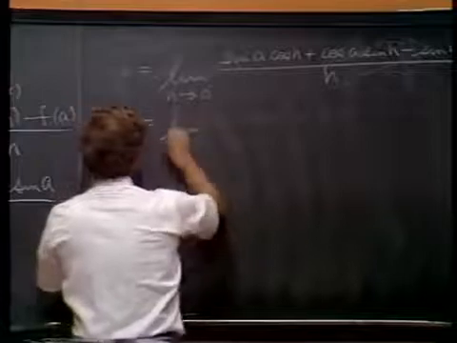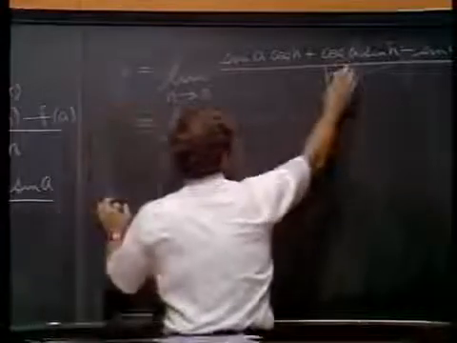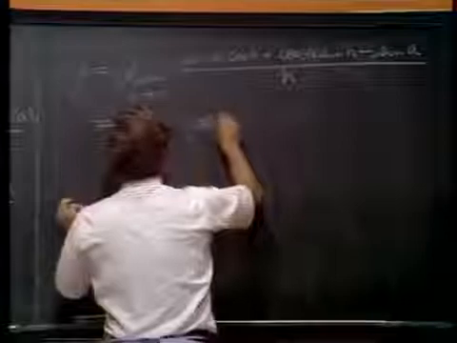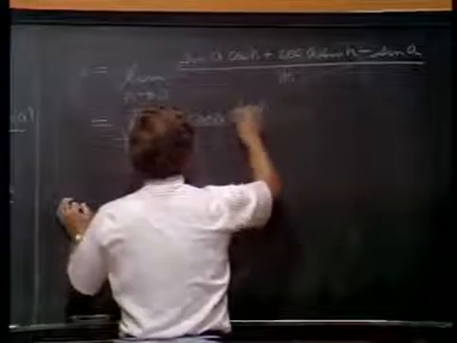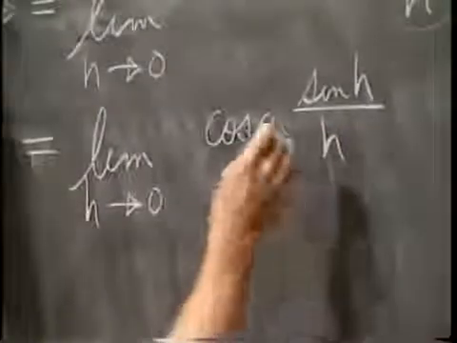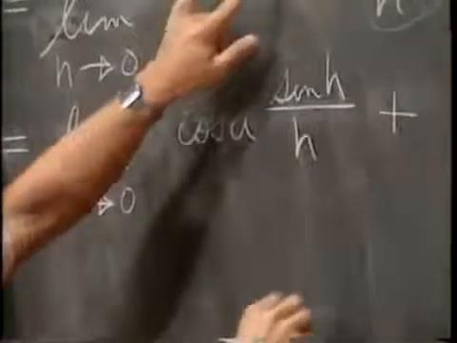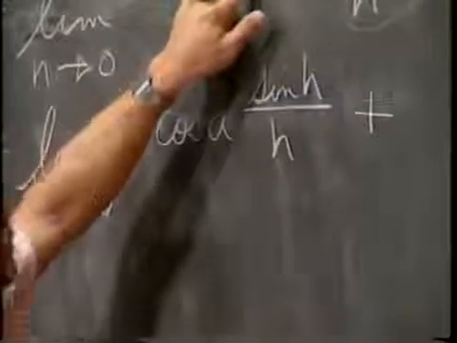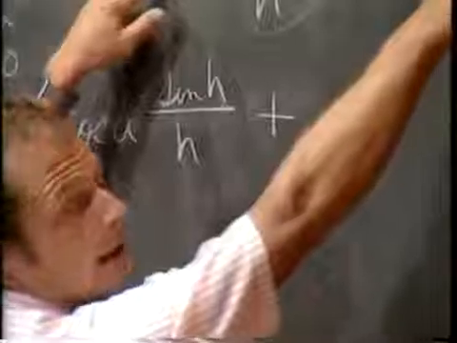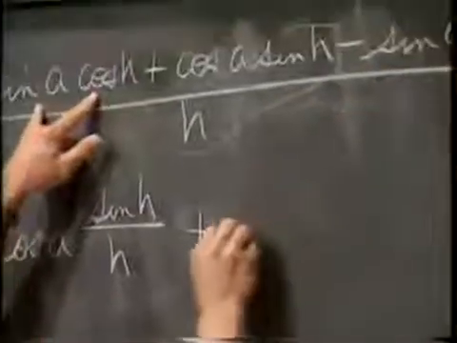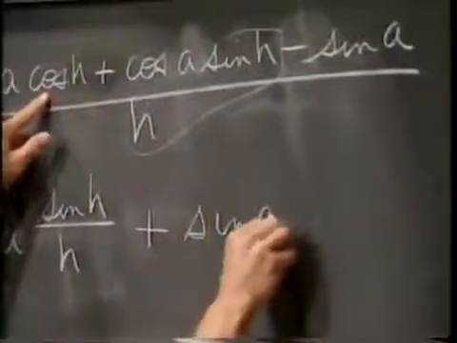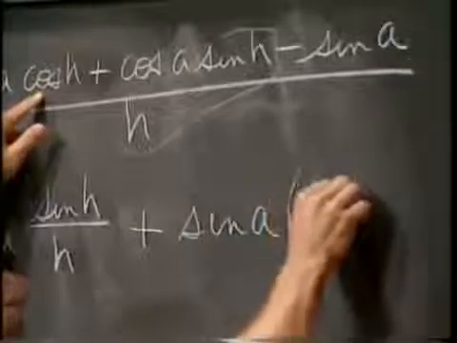Make this limit as h goes to 0. That would give us cosine a sine h over h. And what we're left with is sine a cosine h, another sine a. And that kind of screams to me, factor me. So I will.